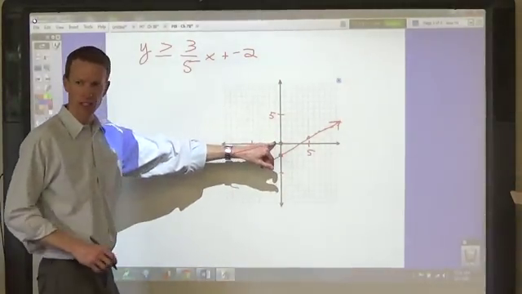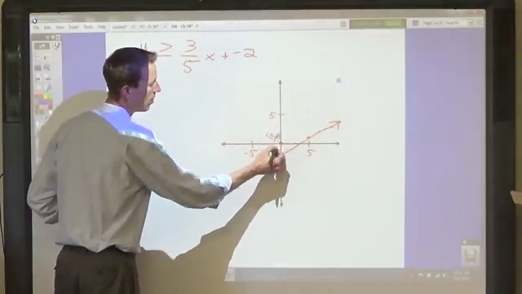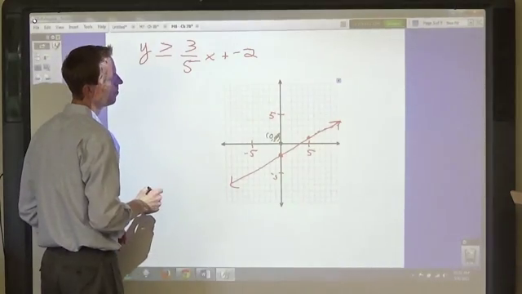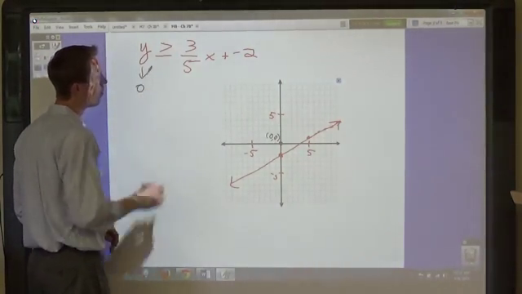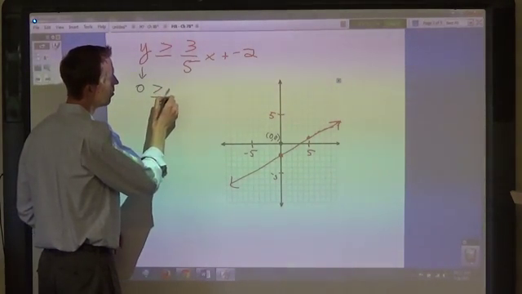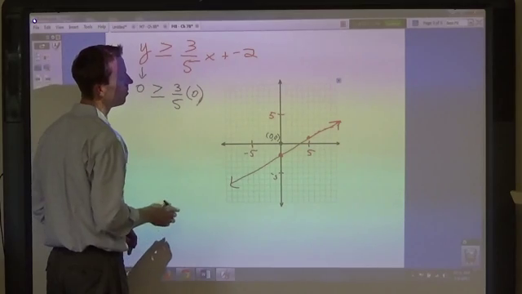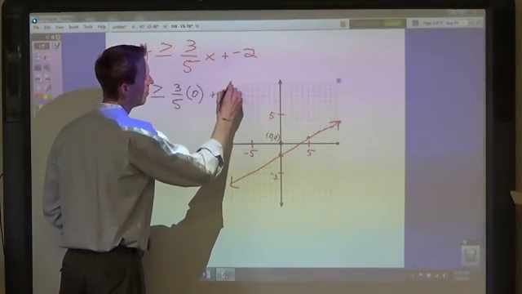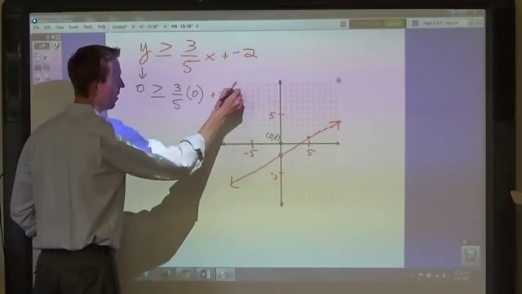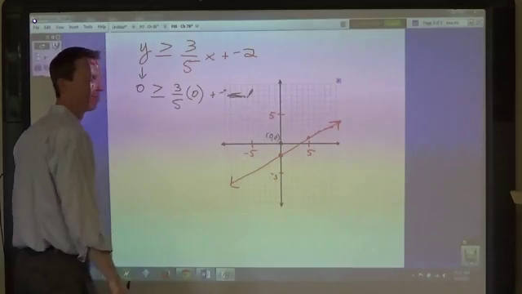We're going to pick (0, 0), and we're going to put those numbers into the equation. So 0 for y is greater than or equal to 3/5 times 0 plus -2. That'll be nothing.